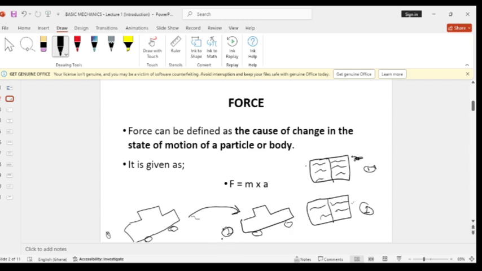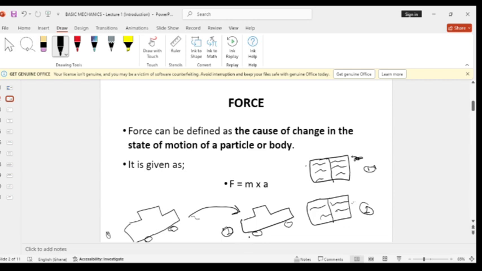What it means is that we have been able to apply a certain force. We have been able to cause the object, which is the car or the vehicle, to move from state 1 to state 2. In that case, we can confidently say that a force has been applied.